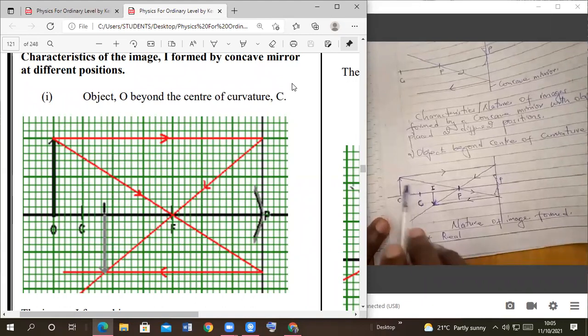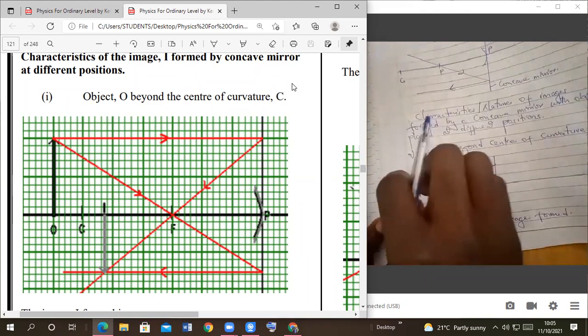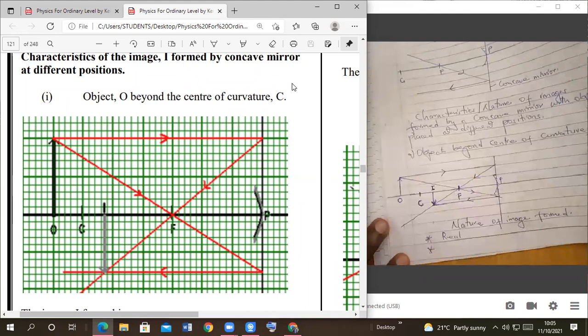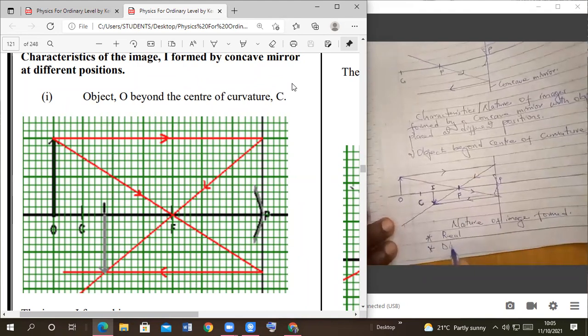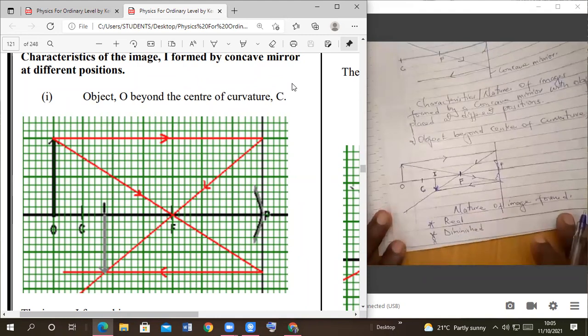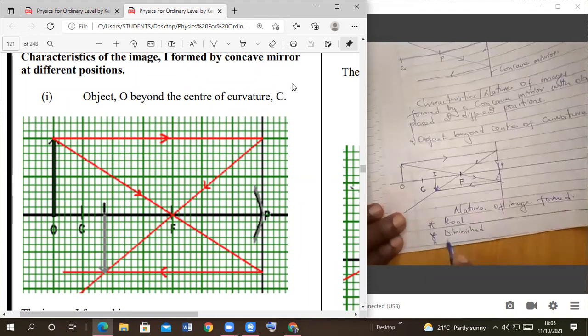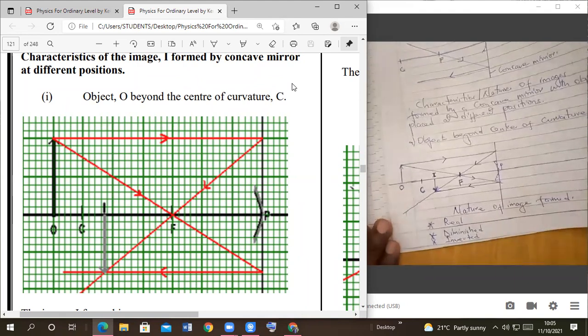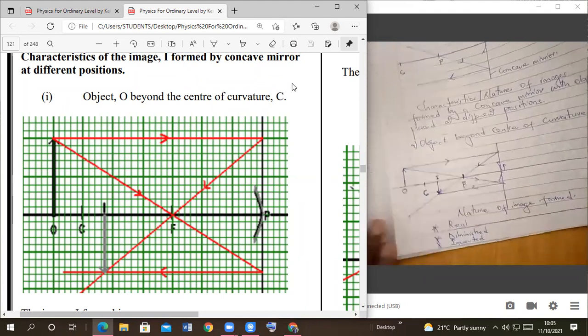What else? When you look at the size of the image and the size of the object, what can you say? Is it diminished or magnified? Diminished. Good. What else? The image is inverted. Good. What else?